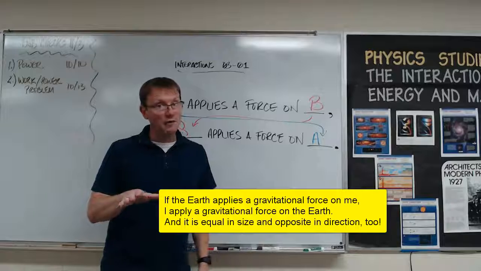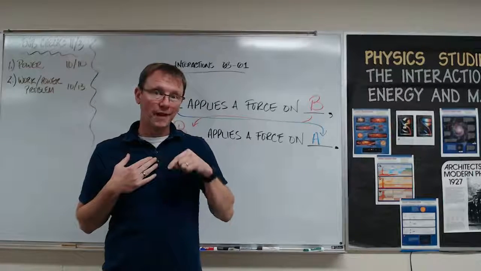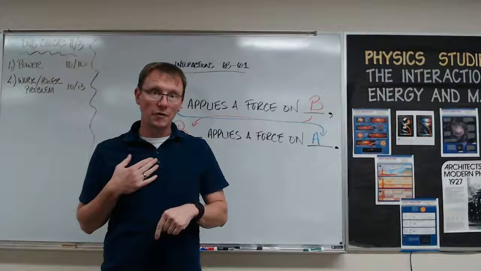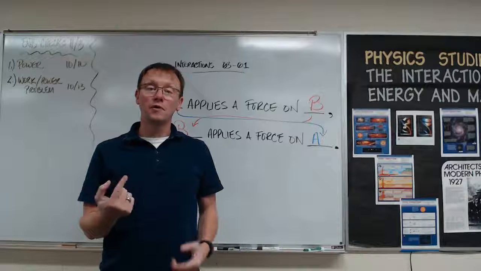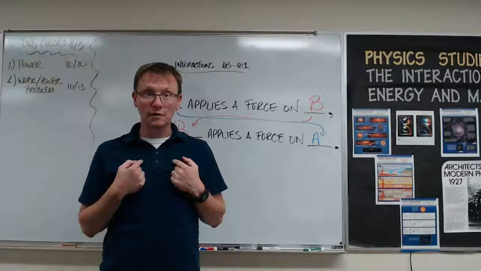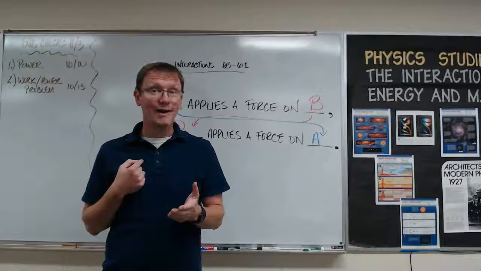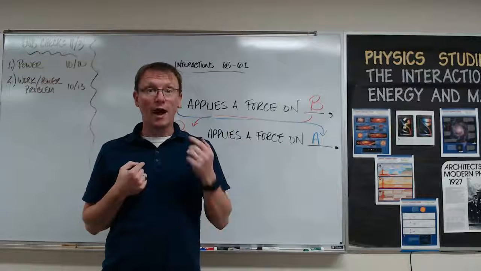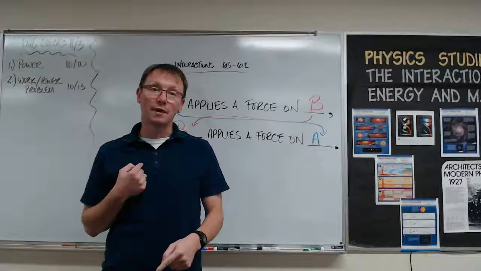So believe it or not, right now, I weigh 800 newtons. That's how much I'm being pulled down by the Earth. The Earth is experiencing an upward pull from my gravitational field of 800 newtons. That's what Newton's third law says, and it's actually true. I apply a force on the Earth just like the Earth applies a force back on me.